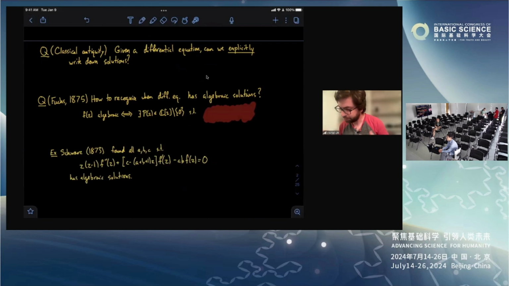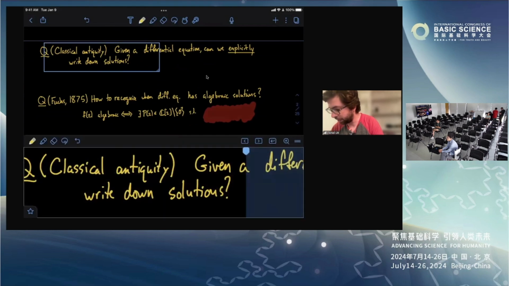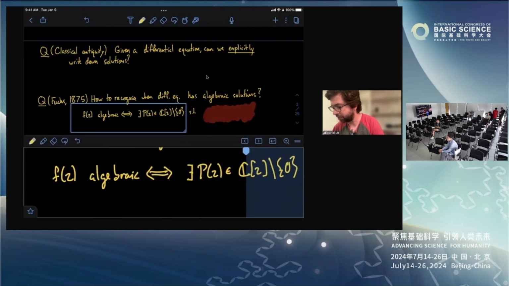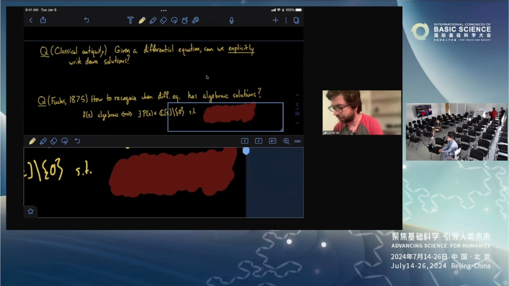Let me just remark, I think in this form, the question goes back to Fuchs in 1875, who asks the question: given a differential equation, how do you recognize if the solutions are algebraic? And here, let me say precisely what I mean by a function being algebraic. I mean that there's a polynomial that is satisfied.